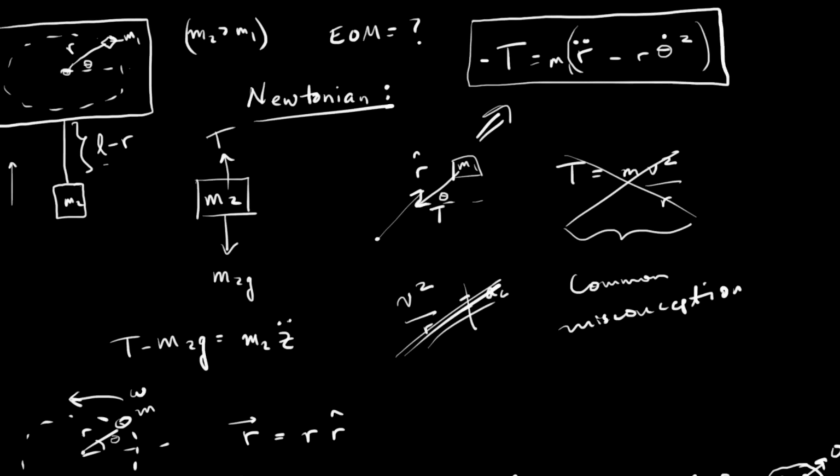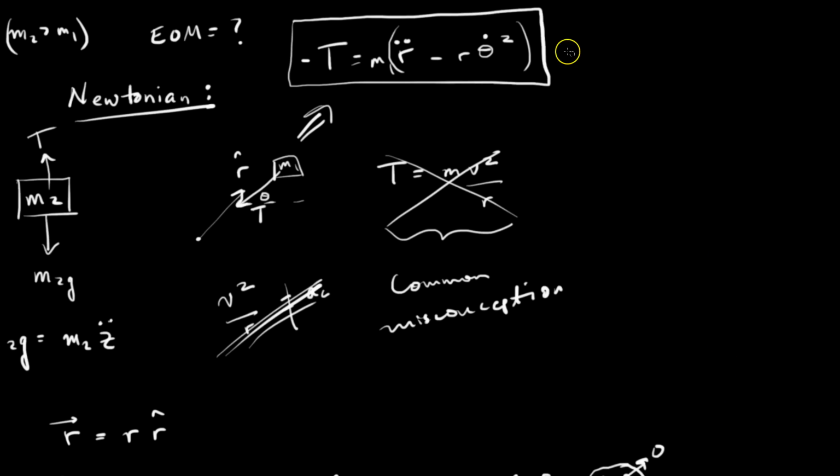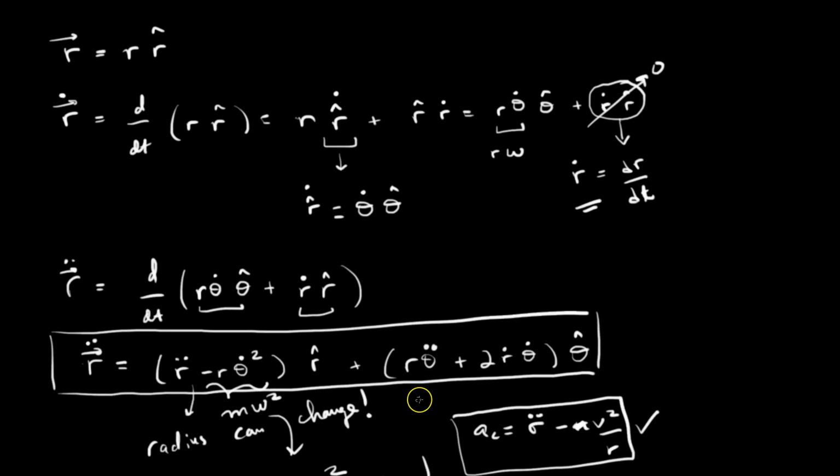Okay, and now the tangential acceleration. In the tangential acceleration, that's this way, in the theta direction, there is no force, so it's just 0. So 0 is m1 times the acceleration in the tangential direction. And in the tangential direction is this term over here. Now notice this term is r alpha. R alpha is the angular acceleration. But now we have this term that changes if the radius changes. And there's a specific name for this term. It's called the Coriolis force.